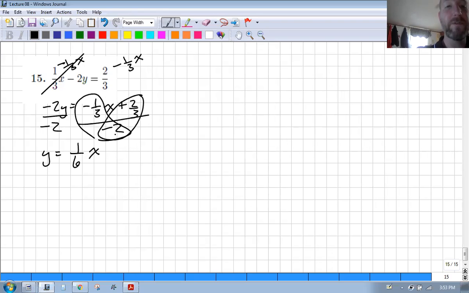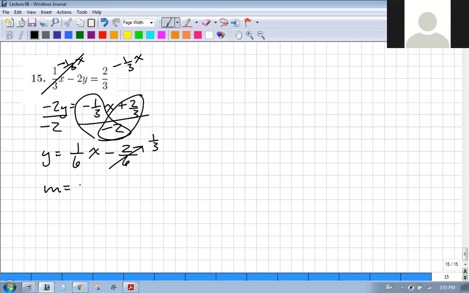And a positive 2/3 over a negative 2 gives us a negative 2/6, which is 1/3, right? So what is our m here? 1/6. And what is our b? Negative 2/6, or negative 1/3, same thing, right?